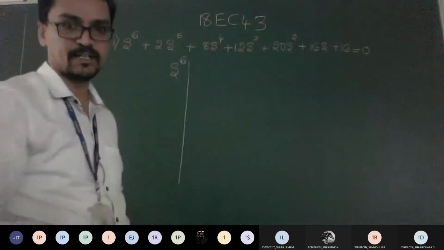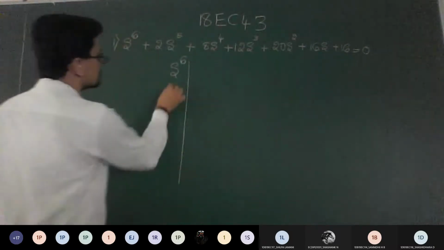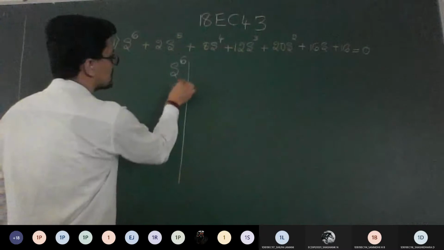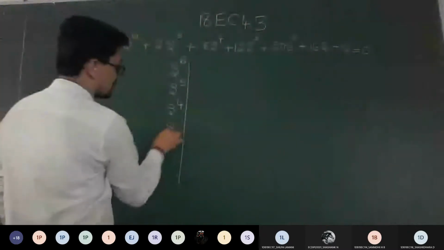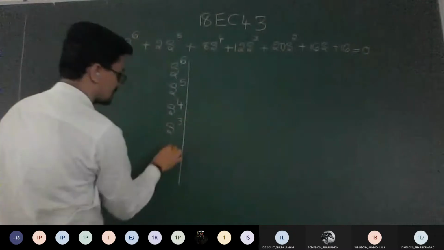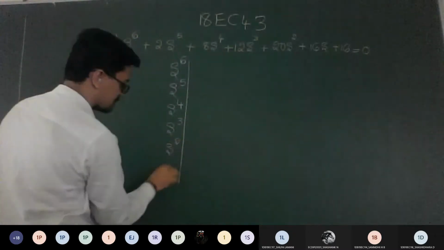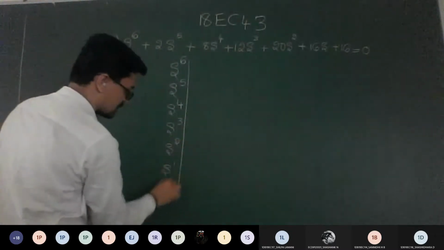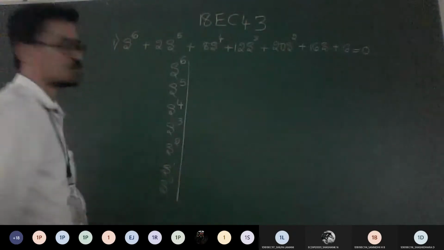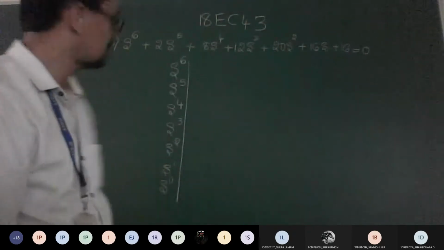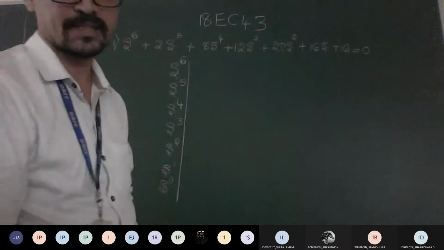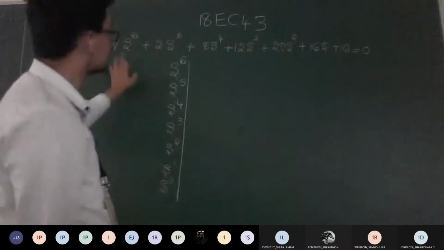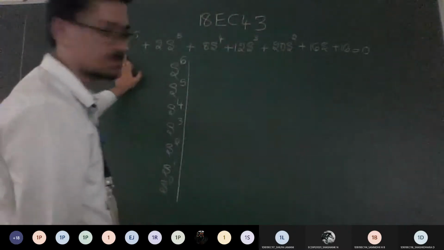Is it visible or not? s power 6, s power 5, s power 4, s cube, s square, s power 1 and s power 0. These are the coefficients we have. Look at things carefully: whatever coefficients are there in the question, try to fill them in.